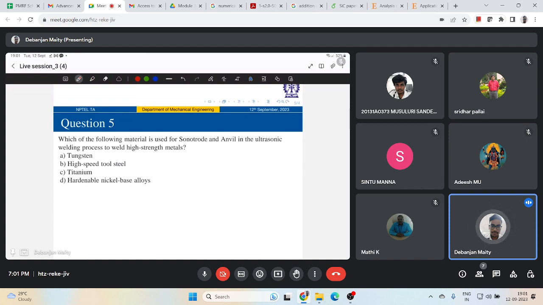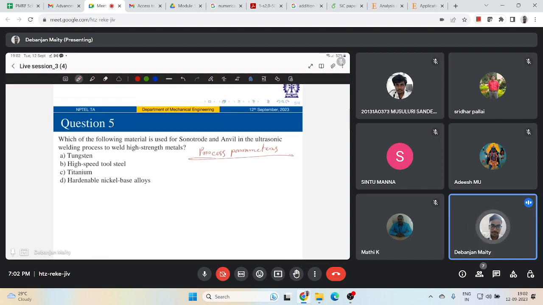Hmm. What is this question? Which of the following materials is used for sonotrode and anvil in the ultrasonic welding process to weld high strength metals? Okay, before that, can you tell me what the process parameters in ultrasonic welding are? You are vibrating a sonotrode over a region for a specific amount of time, applying a specific amount of pressure over that region.